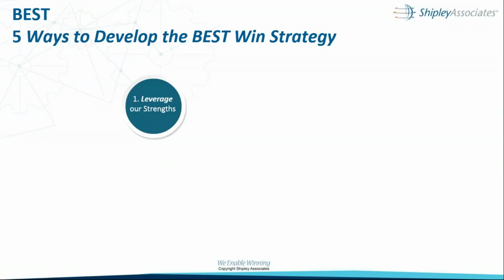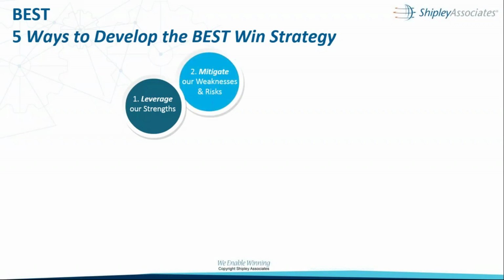So now we have a tool that gives us quantitative information as to where we stand in relationships. Now we have a concrete document that will give us the 5 ways to develop the best win strategy. And I would argue that there are only 5, and every one of your strategies would come from one of these 5 statements.